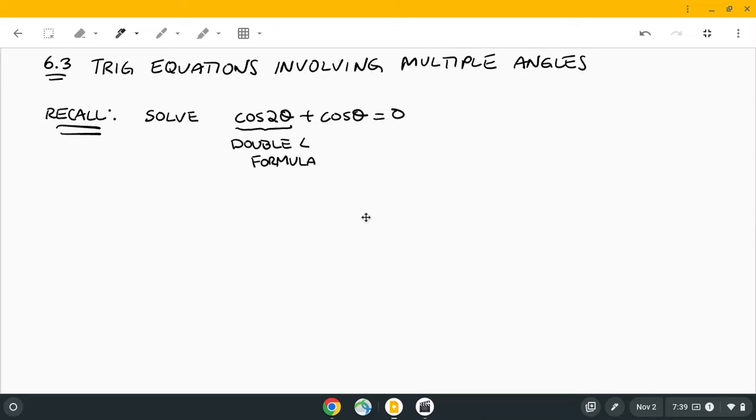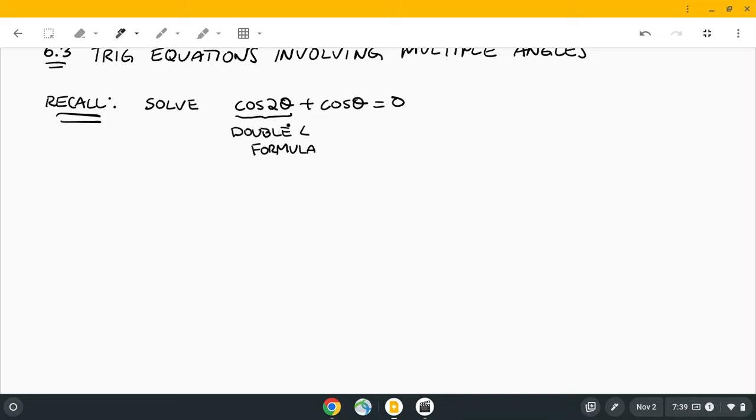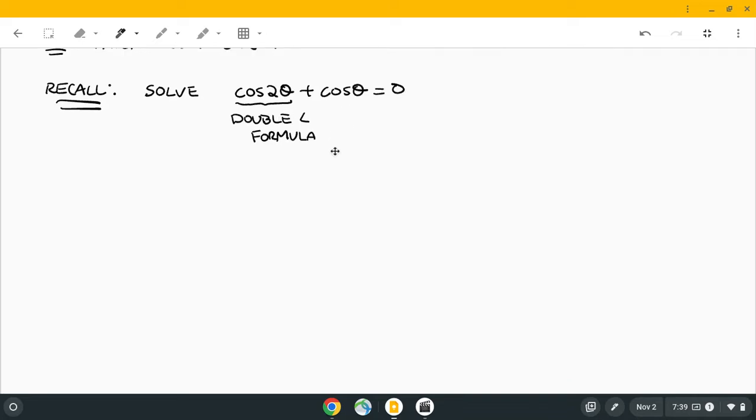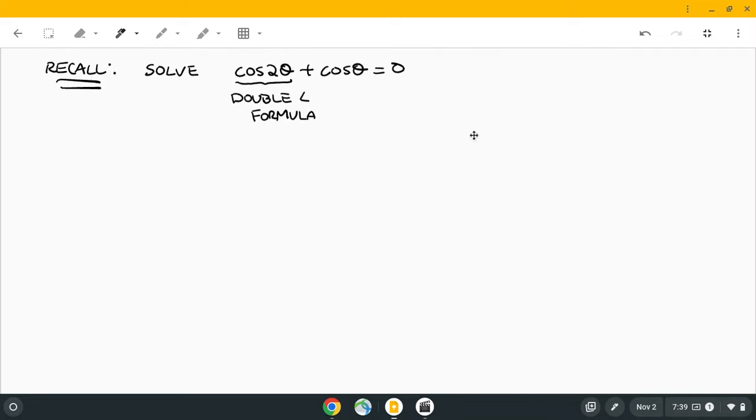So now we're going to take a look at, suppose that doesn't work, or when we do that, it doesn't make anything easier about the equation. We did that in the previous section because we wanted to get not just the same trig function here, but we also wanted to have the same angle.